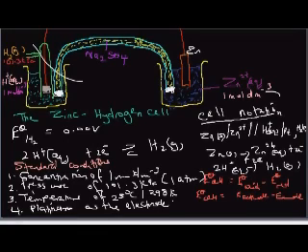Calculation of the standard electrode potential of the zinc solid to the zinc 2 plus half cell is done as follows. So we have our equation here. The electrode potential of our cell is equal to the electrode potential of our cathode minus the electrode potential of our anode.